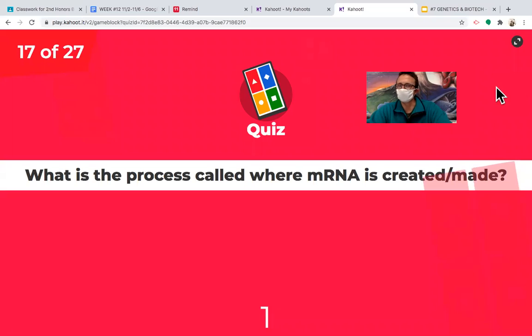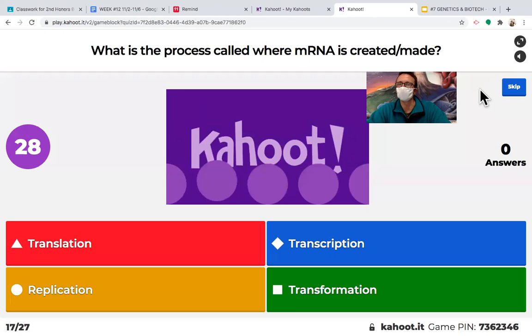What is the process called where mRNA is created or made? So if your computer is lagging, just think, what makes messenger RNA? What process is that? We're taking DNA and we're making RNA. And to remember the order, I always think we must write something down before we translate it.